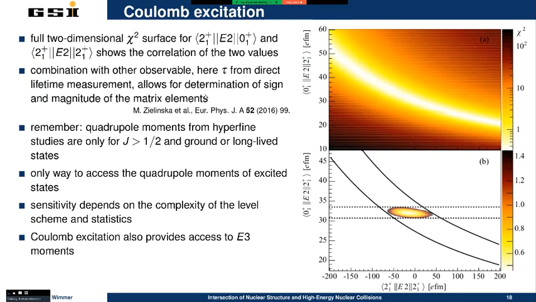So in this type of experiments one uses different observables, namely the lifetime, from a measurement of the decay time, which is only related to the transitional matrix element. This is shown in the bottom plot. If you know experimentally that the lifetime gives you this transitional matrix element, then you can make a cut, and this then defines the allowed area for the diagonal quadrupole moment.